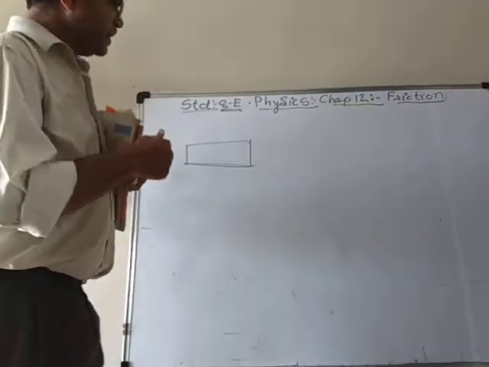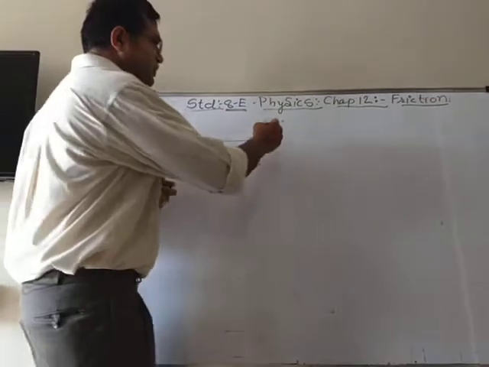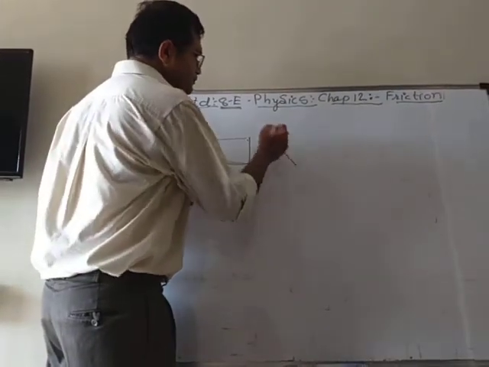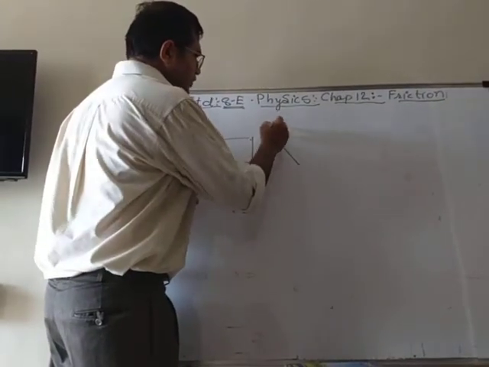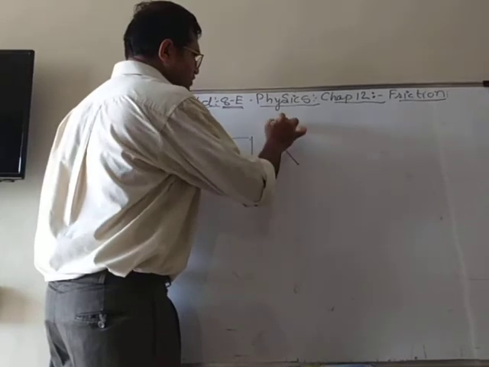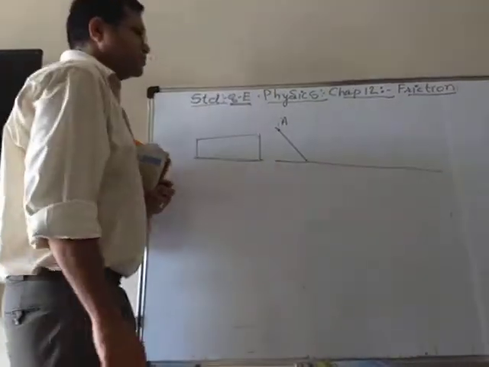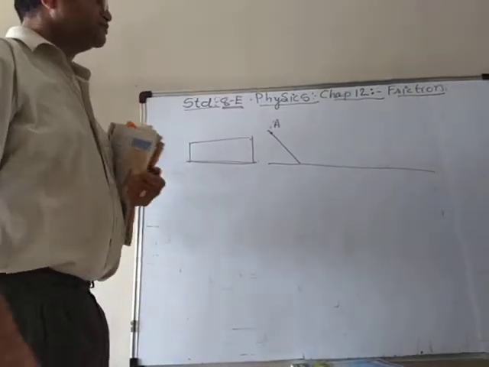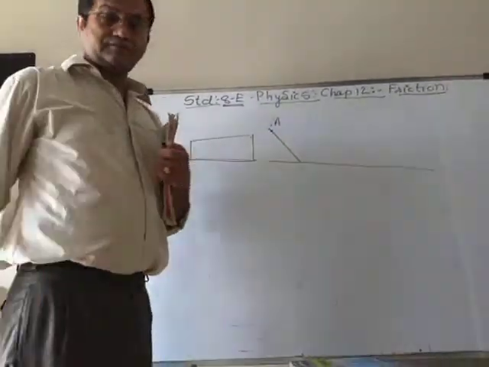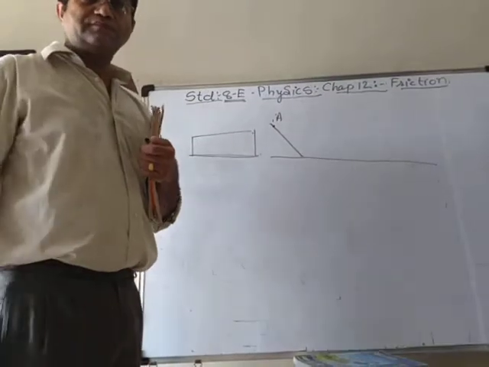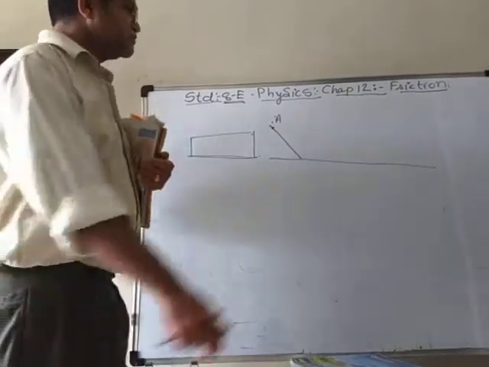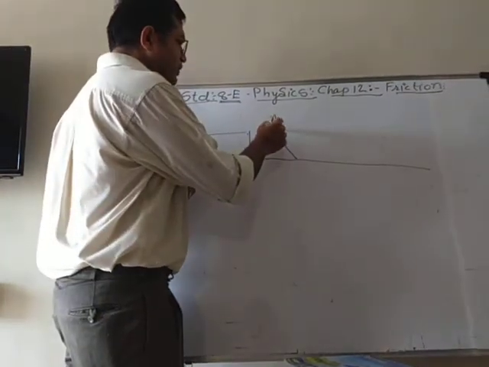Now check how far it goes. Suppose this is your inclined plane. You have marked the point A here. This is the surface of the floor or the table. Now you have to take a shell or a marble and drop it from here.